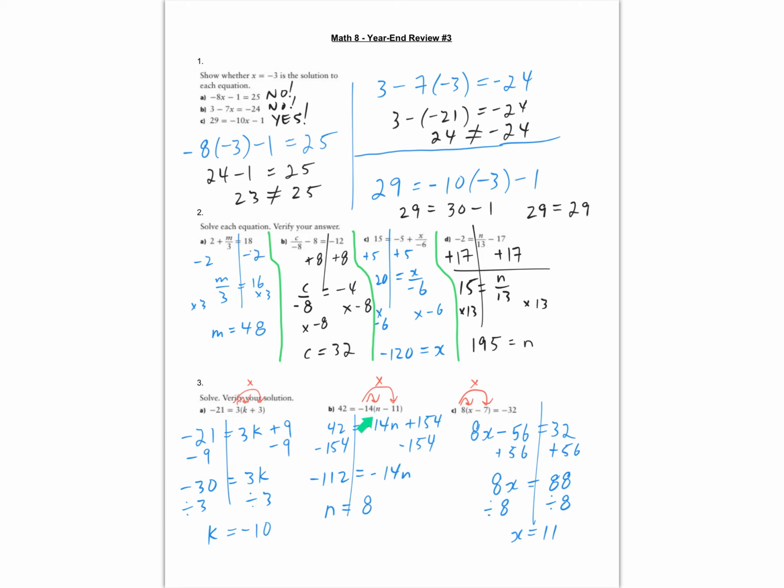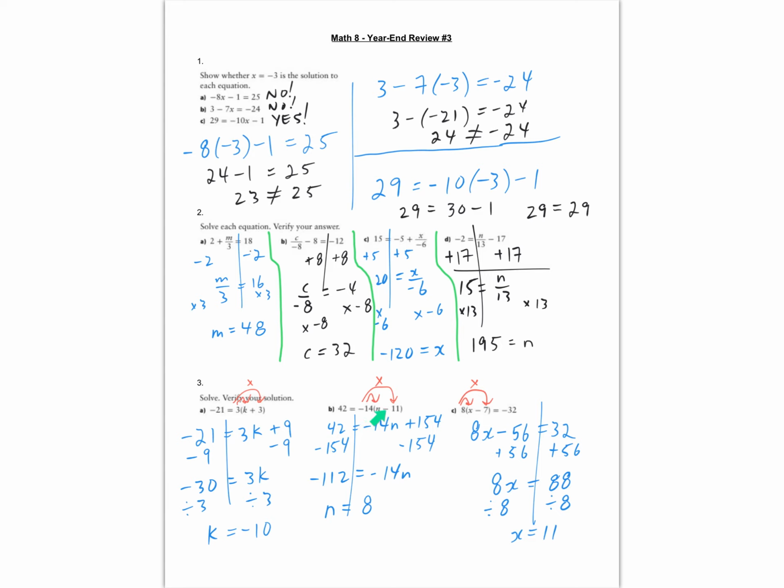Okay, over here, the distributive property again, negative 14 times n. Okay, there's a 1 in front of there, so it's just negative 14n. Now I have negative 14 times negative 11. Okay, it says subtract or minus, but the value of that 11 is definitely not positive because we're taking it away. It's subtracting, right? So negative 14 times negative 11, that's 2 negatives, gives us a positive 154.